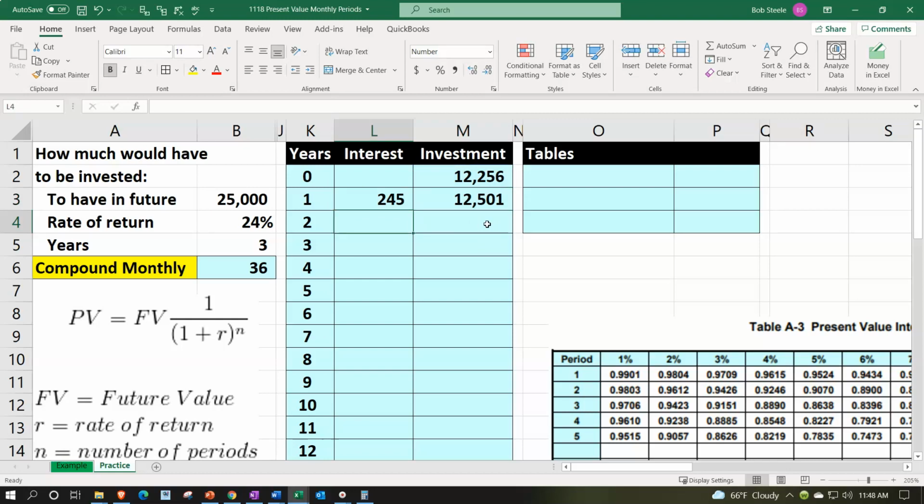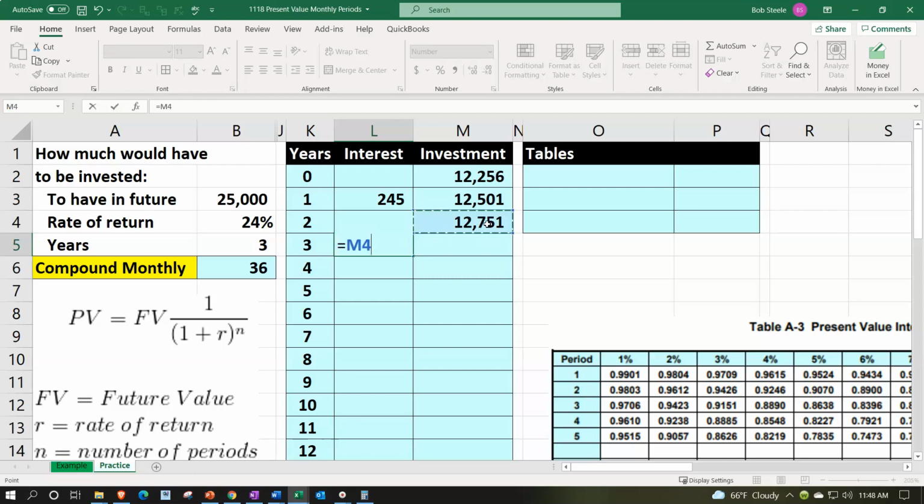Let's do it a couple more times, and then we'll go back and autofill it. So we're going to say this is now the 12,502 times the 24%, and then divided by 12. And then this is going to equal the prior amount, the 12,501 plus the 250. Let's do it two more times here.